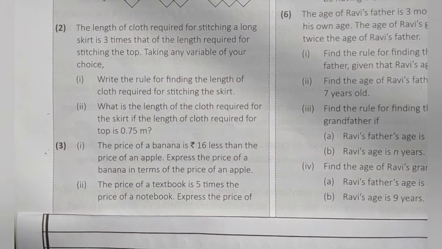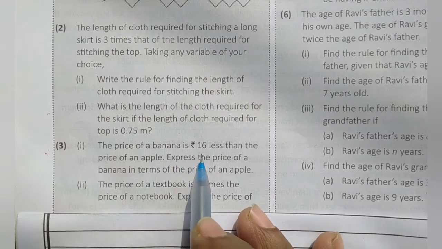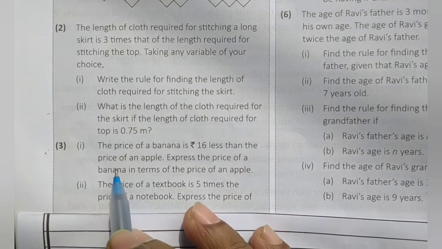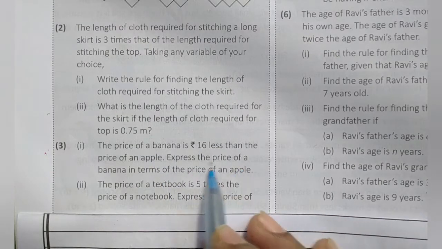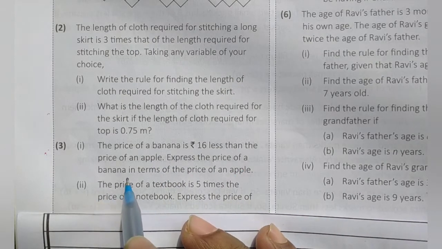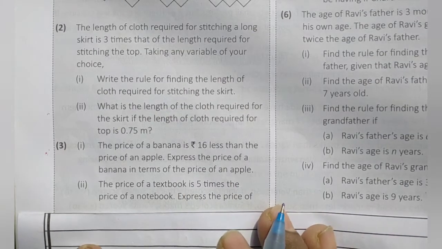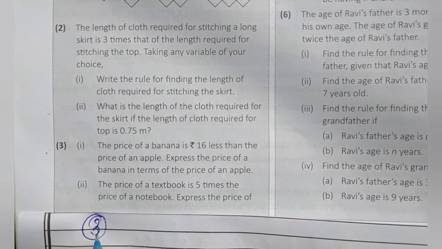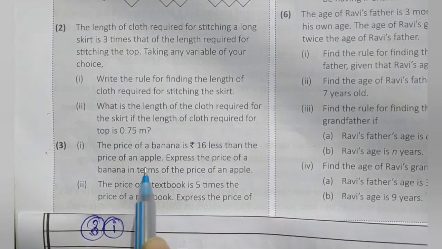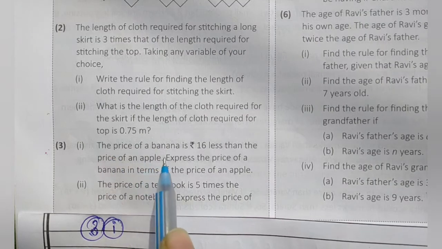Now try to solve problem number 3. The price of a banana is rupees 16 less than the price of an apple. Express the price of a banana in terms of the price of an apple. So in this case, read the question properly.